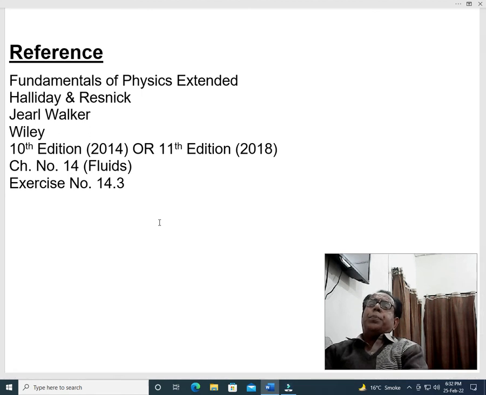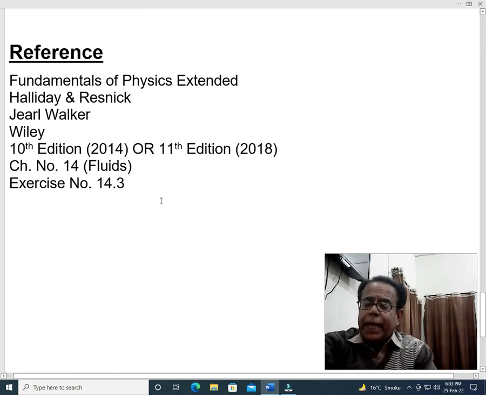Okay, here chapter number 14 under the title Fluids is our concerned chapter, and this problem is enumerated at serial number 3 of the exercise of this chapter, that is exercise number 14.3, and this is the end of our module.